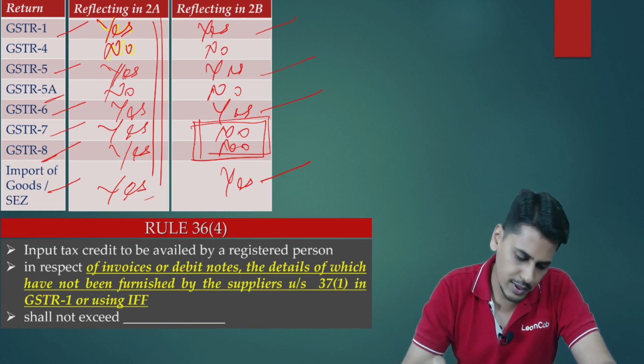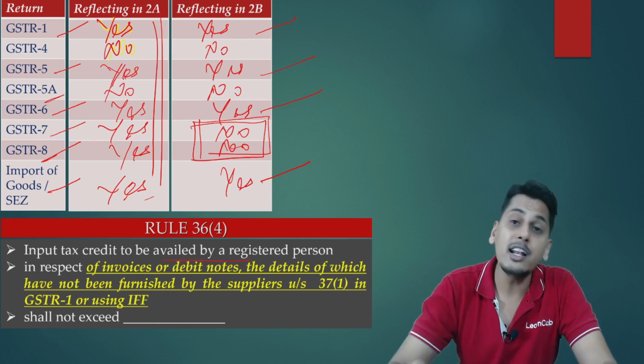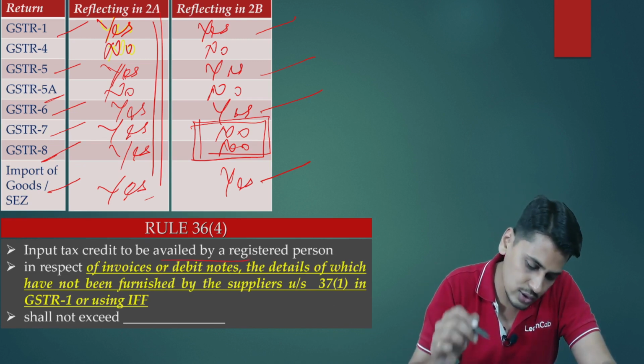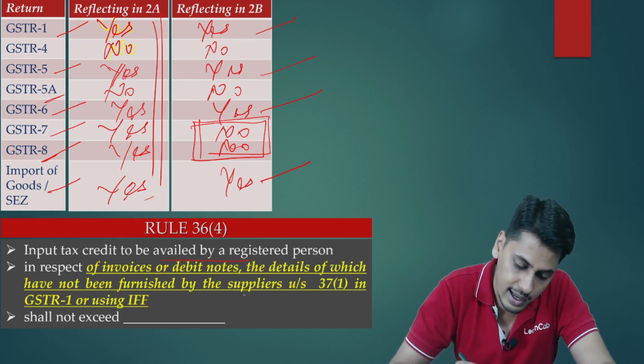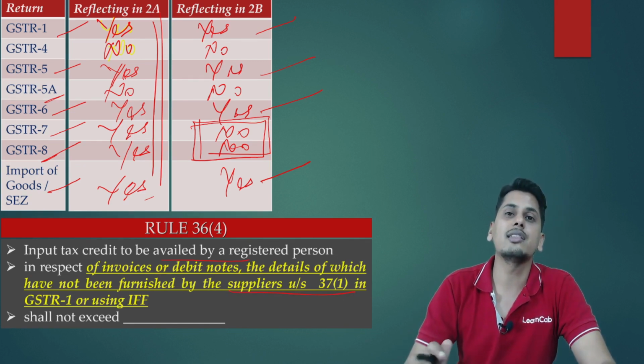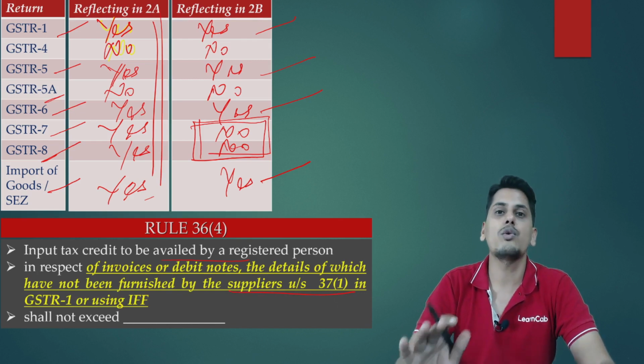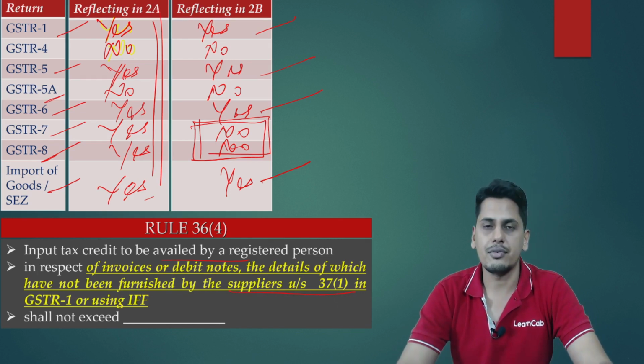Rule 36 sub rule 4 tells me input tax credit to be availed by a registered person in respect of invoices or debit notes, the details of which have not been furnished by the suppliers under section 37 subsection 1 in GSTR-1 or using IFF.